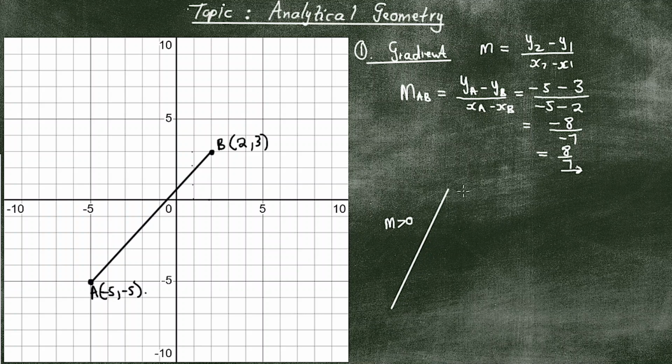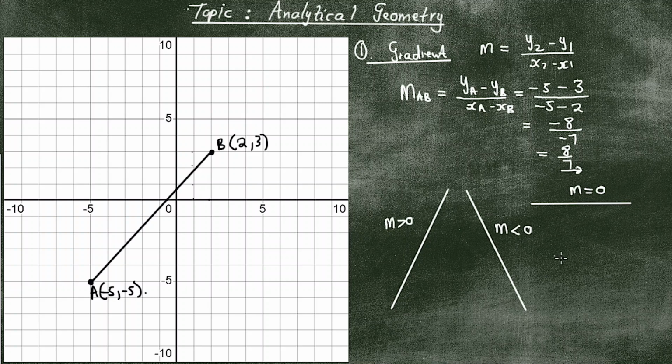But if your line is falling, your gradient will always be negative. But if your line is horizontal like this, the gradient of this line is going to be m equal to 0, right?